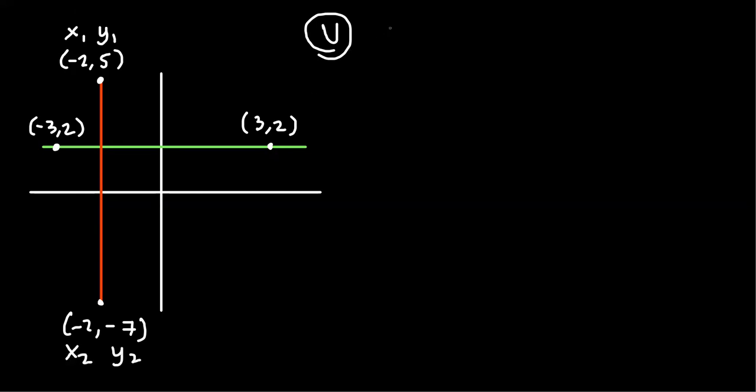So it would be y2 minus y1, so -7 minus 5, over x2 minus x1, so -2 minus -2. And you can see what's going to happen now. So that would be -12. But in the denominator, we have -2 plus 2 because we've got minus minus.